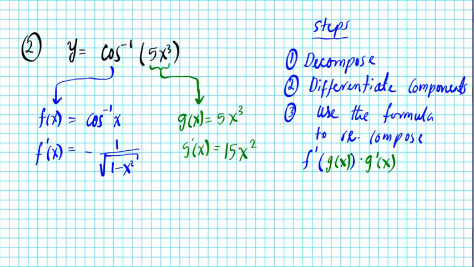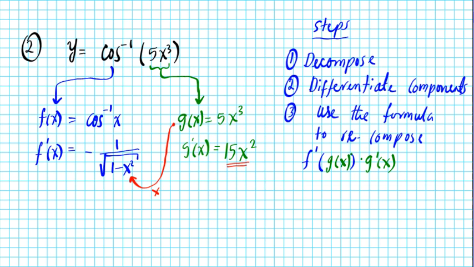We already have the derivative of the outer, so we take the inner and plug it in wherever you have an x. That's what composition is all about. And then multiply that result by the derivative of the inner.